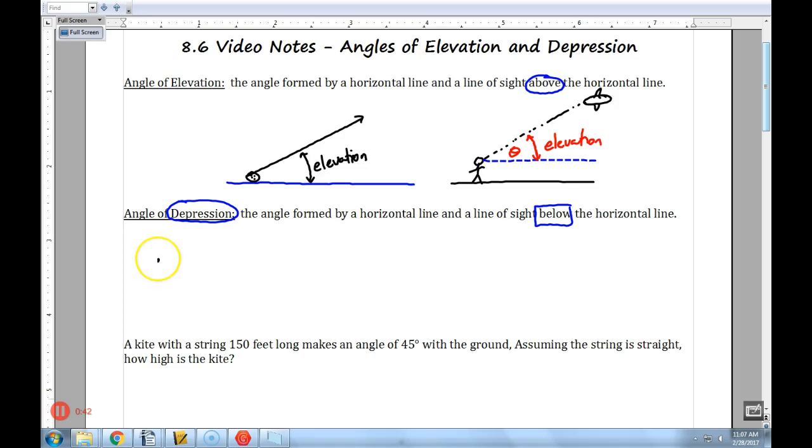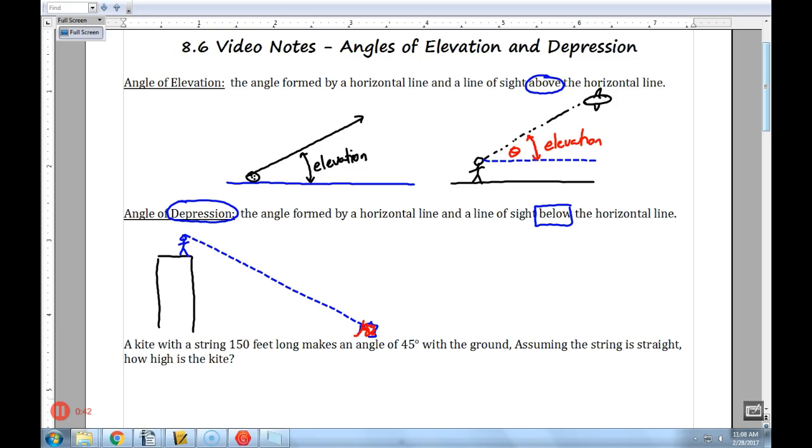Maybe you have some sort of a big building and you have a person up here looking down on something, and I think one of the problems we do later on is they spot a fire. So they look down here to the ground, and there's some sort of fire going on down here. Tried to make it red so it looked like fire. So you got some fire on the ground.